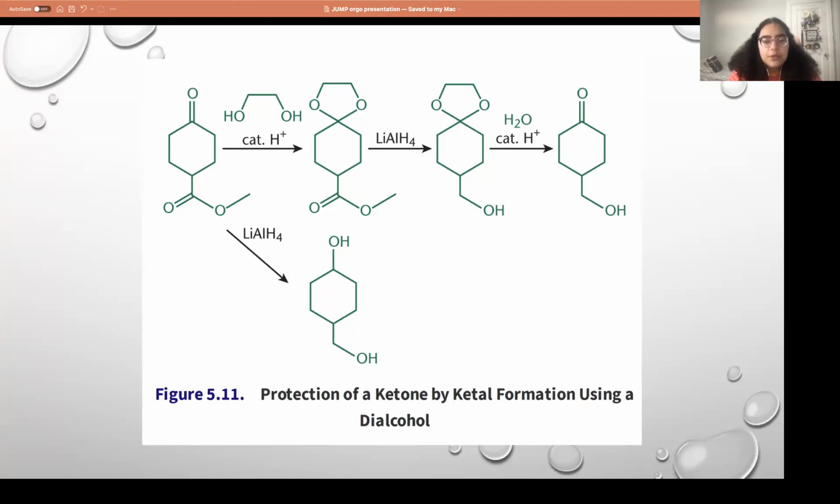But if you wanted to protect one of them, say you wanted to keep the top one and just turn the bottom one into an alcohol, you can form a ketal, as you see here. So you would add that molecule to protect it, then use your LiAlH4, and then you can reverse it with water, and you'll have one of your ketones intact. So you can protect groups as need be.